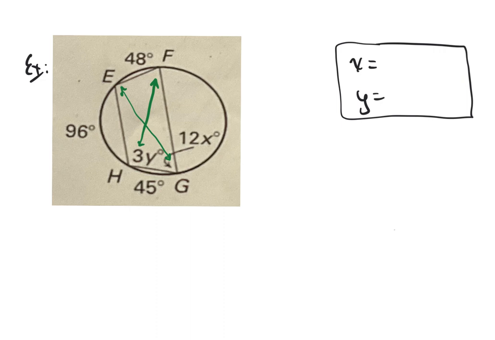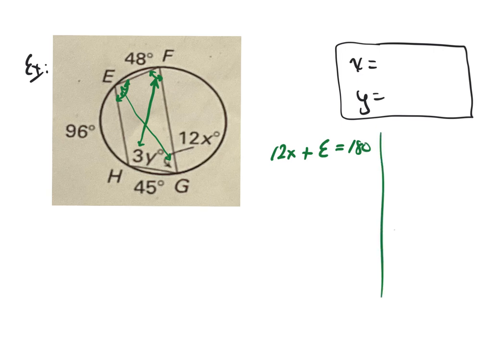Problem is, of course, what's making this one more difficult is we don't know the angle at F, and we don't know the angle at E. All right? So in general, we know that the 12x located at G plus angle E has to add up to 180 degrees.